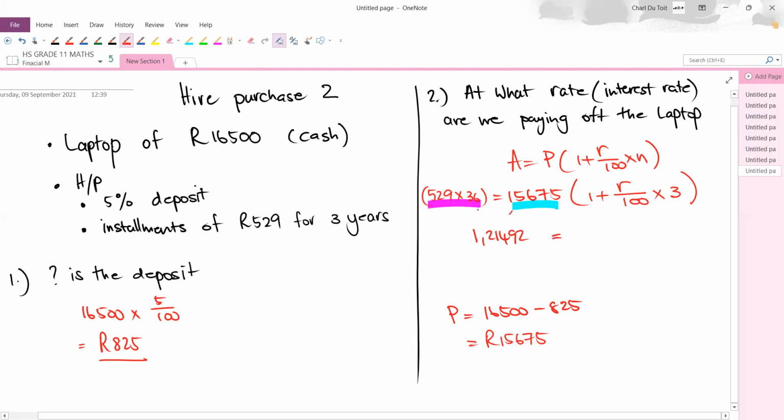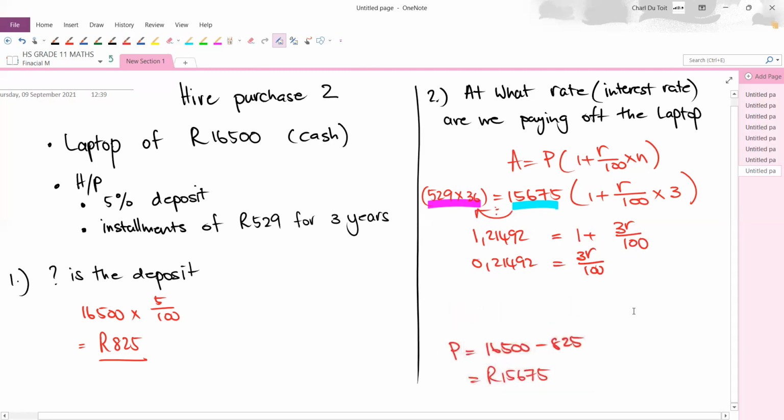So I divided that away, and that is 1 plus 3R over 100. Throw over the 1: 0,21492 equals 3R over 100. Then you must multiply that answer with 100 and divide it again with 3. Minus 1 equals times 100 divided by 3. That gives me 7,16%.